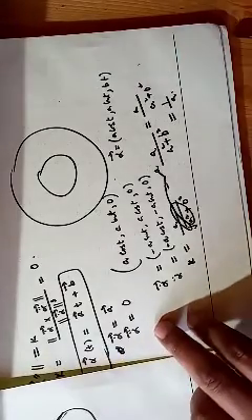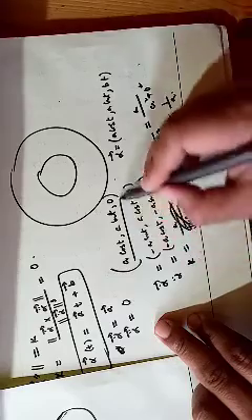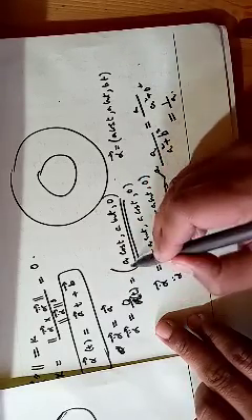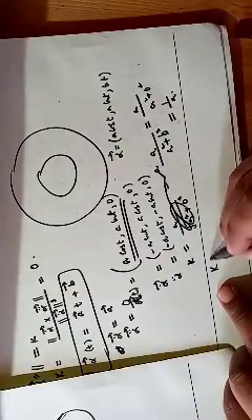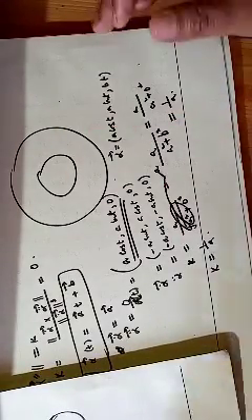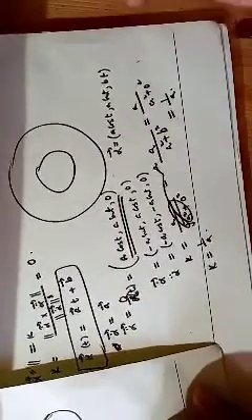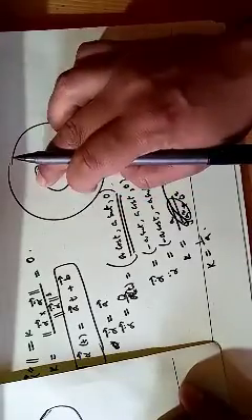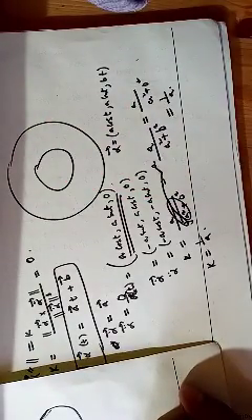So because this is the equation of a circle with radius a, its curvature is nothing but 1 by a, which means the bigger the radius of the circle, the smaller the curvature. Smaller the radius of the circle, bigger the curvature. Again, it's constant everywhere. It's just the inverse of the radius.